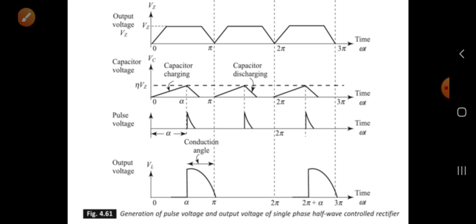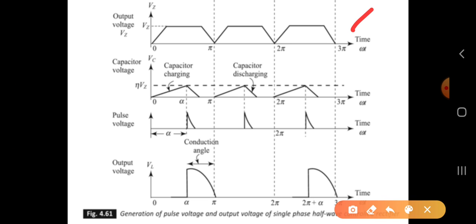Here you can observe there are totally 4 waveforms I have shown. First is the output voltage, then the capacitor voltage, and then the pulse voltage. The first one, the output voltage, is across the Zener diode, the second one is the voltage across the capacitor, and the third one is the pulse voltage, which the triggering pulse secondary windings are giving.